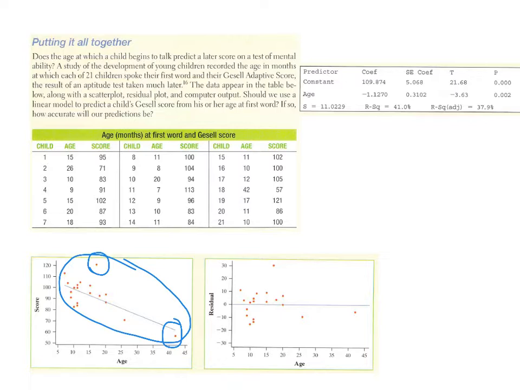We can also look at the computer data for our R-squared, our coefficient of determination, as well as our standard deviation to see how good our model would be. So yes, a linear model would be appropriate for this data, but the predictions might not be very accurate.